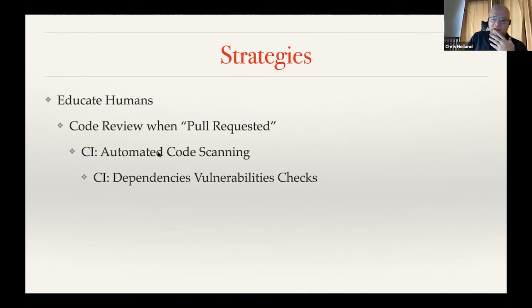So code scanning is part of it. Dependency vulnerability checks. Here, this is a conference about open source software, and we use hundreds of open source libraries on any project. And if you look at Urima's talk and Jennifer's talk, if you look at all the things it takes to make an open source project successful, there are many things that can go wrong where security flaws could get introduced in those projects.